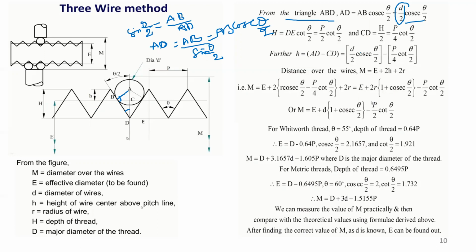And then what is H? It is the thread height. So this is capital H. This height is H. And this angle also becomes theta by 2, the opposite angle. So this angle is theta by 2, this opposite angle also theta by 2. And what is tan theta by 2?